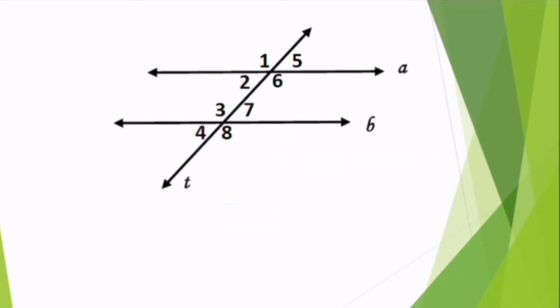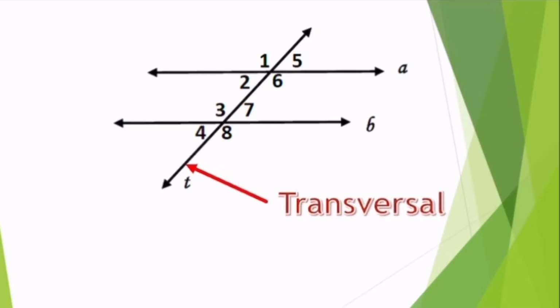Now, in the previous section, line T that intersects lines A and B is called the transversal. It is a line that intersects two or more other coplanar lines at two or more distinct points. The result of the previous activities will lead you to the following postulates and theorems.